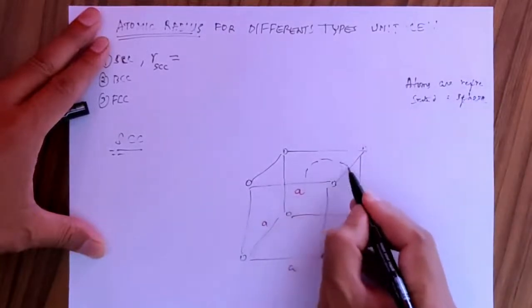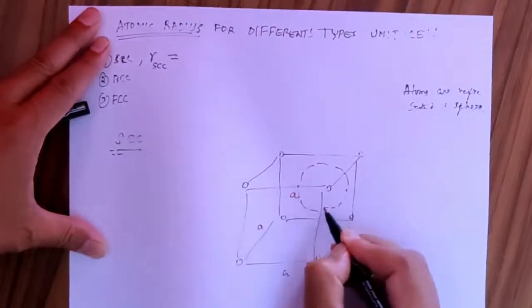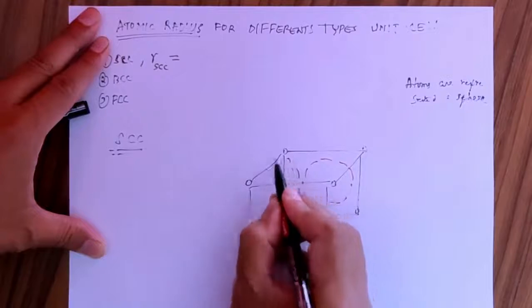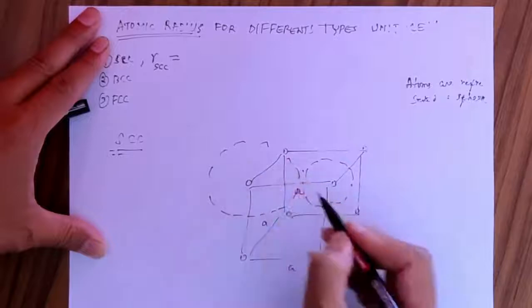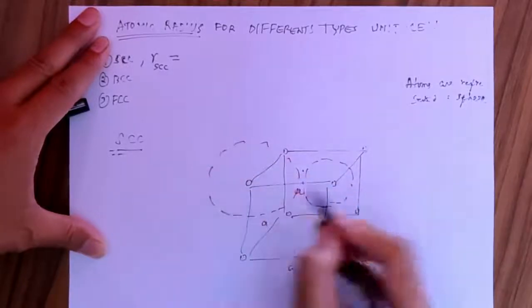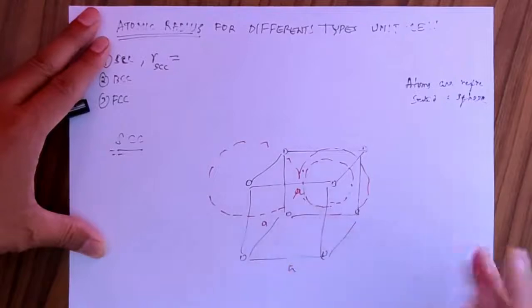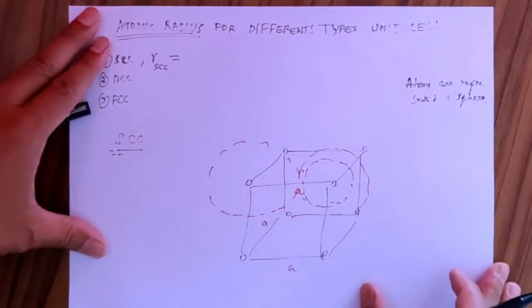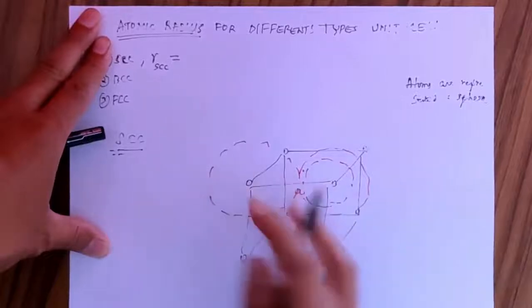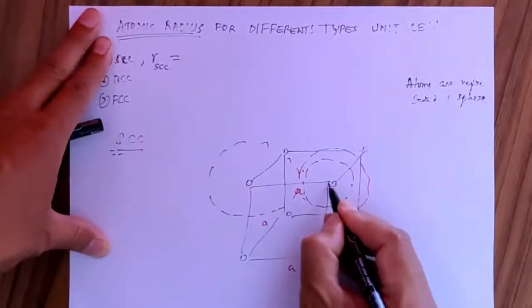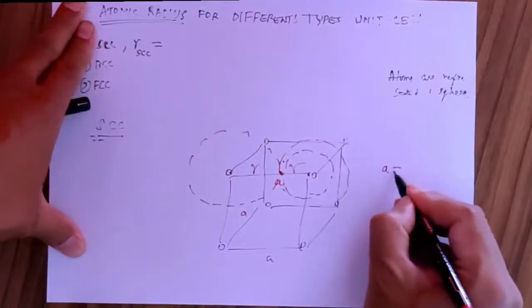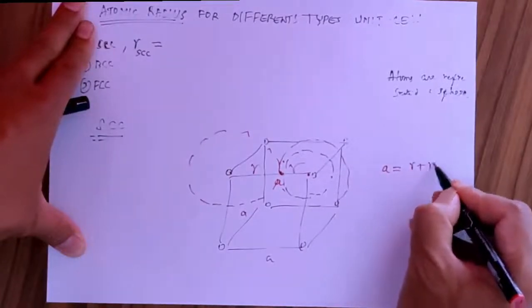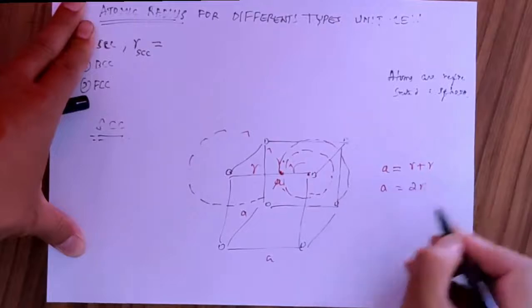On the blackboard or paper in 2 dimensions it looks like a circle, but actually it is not a circle. The radius from the center of the sphere to the circumference is R, and from here to here is another radius, so A is equal to R plus R, A is equal to 2R.